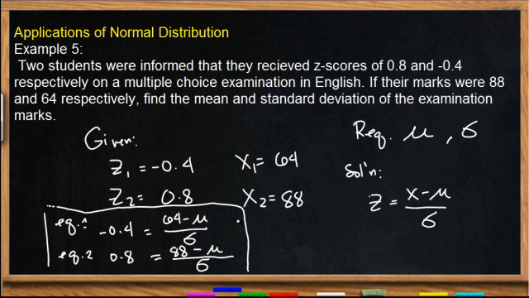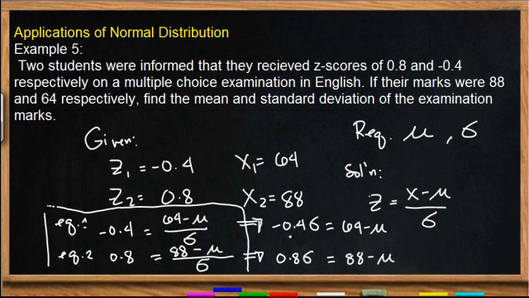So, the best way, i-simplify ang equation 1. Ibalhin ang sigma sa left, which will become negative 0.4 sigma is equal to 64 minus mu. Ang kaduha nga equation is 0.8 sigma is equal to 88 minus mu.